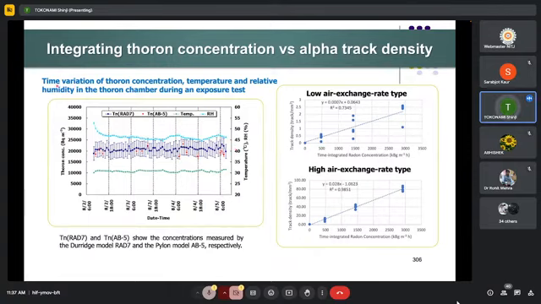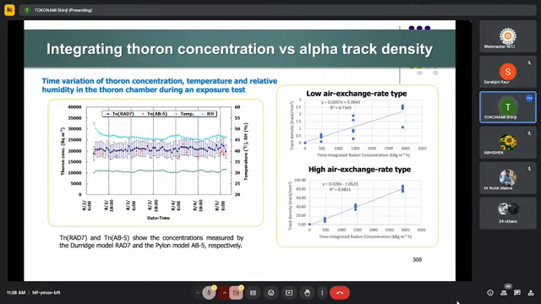This figure exemplifies the time variation of thoron concentration, temperature, and relative humidity in the thoron chamber during an exposure test. The violet-purple dots give the thoron concentration by the RAD7, and the red ones give the thoron concentration by the scintillation cell.